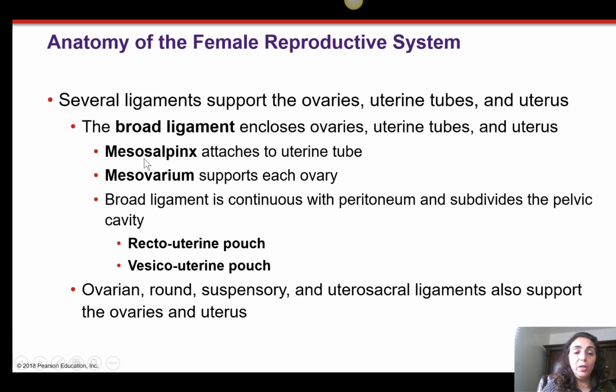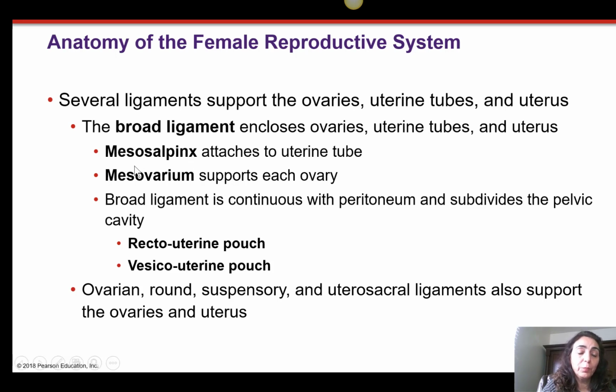And when we have a double layer that is attached to that double layer of the peritoneum, you remember we have a general term for that, mesentery, and we call them meso. So we call the double layer of the peritoneum that is connecting the salpinx, or uterine tube, to the rest of the peritoneum the mesosalpinx.